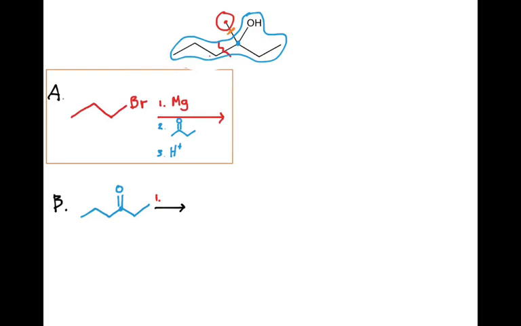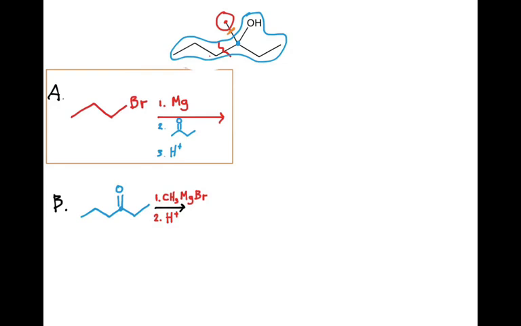So for our Grignard reagent, in this case I don't have to make the Grignard, I'm just going to use it. It is 1 carbon, CH3MgBr, and that is the Grignard reagent I use to make this. And then of course we always have to end with a workup step, H+.